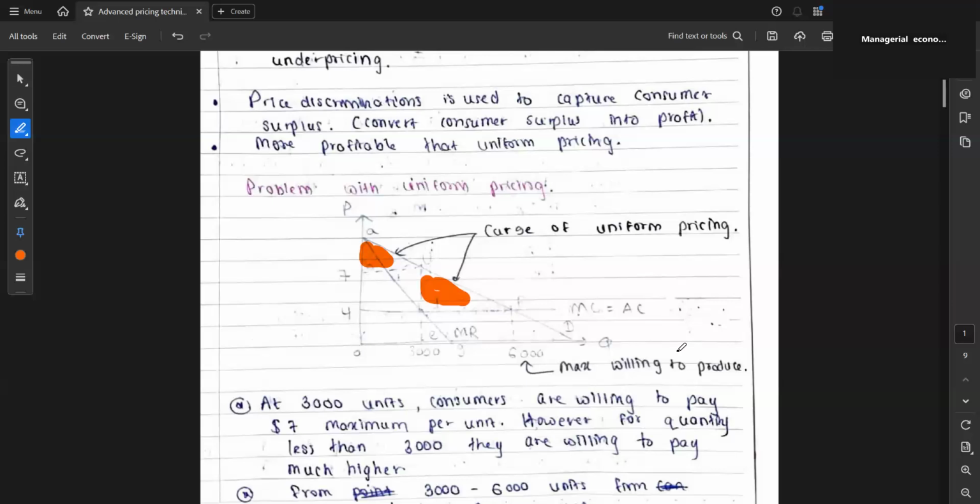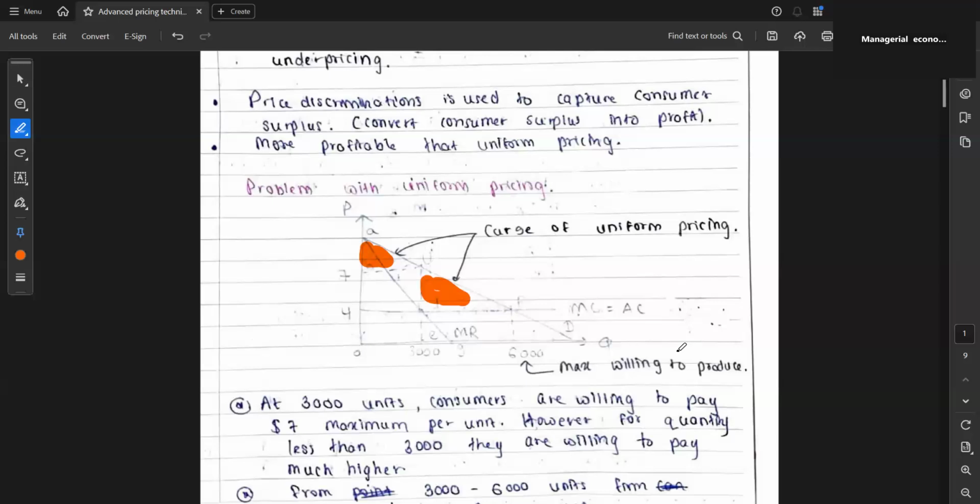So let's say, what if? The demand curve actually indicates the maximum price the consumer is willing to pay for the good at different quantities.